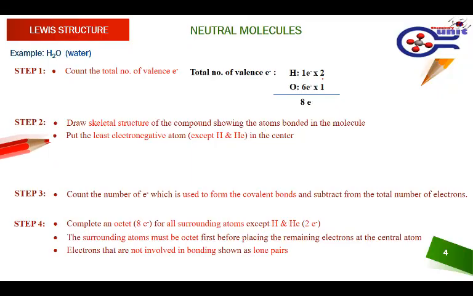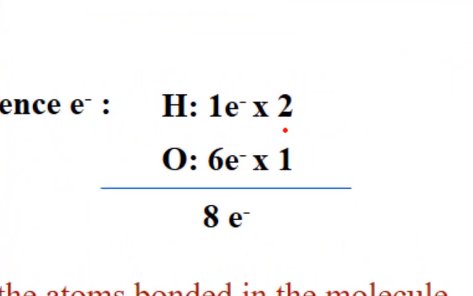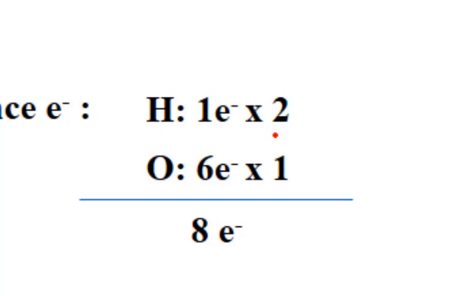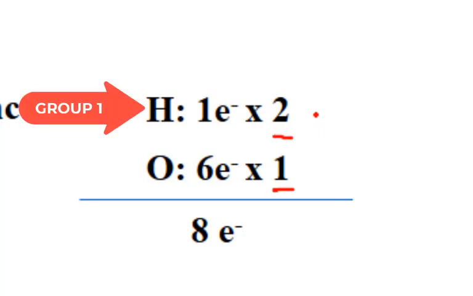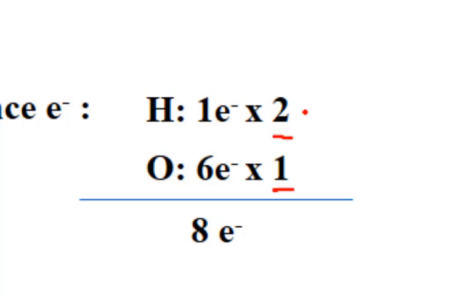Step 1. Count the total number of valence electrons. In water molecules, there are 2 hydrogen atoms and 1 oxygen atom. Since hydrogen is a group 1 element, the valence electron of hydrogen is 1. So, 1 valence electron times 2 equals 2.